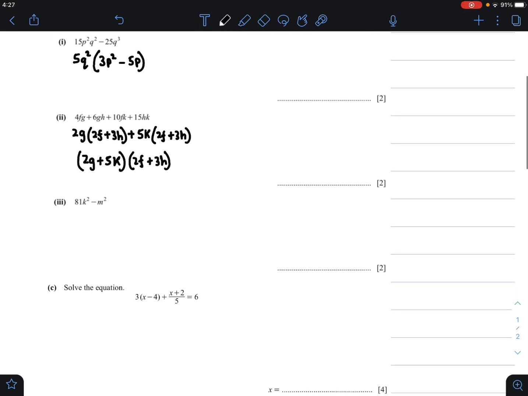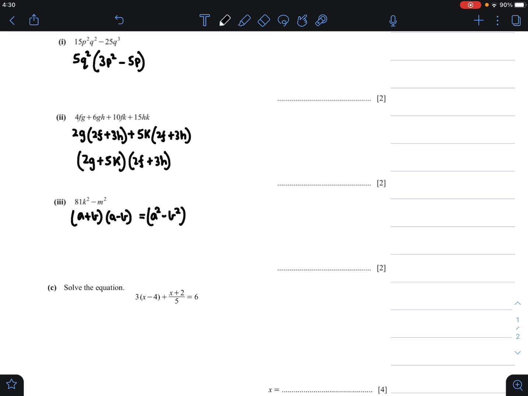Now let's move to B part 3. You must have noticed by now that this is in the form a plus b, a minus b, and we can expand it like this because it is written in the form a squared minus b squared.